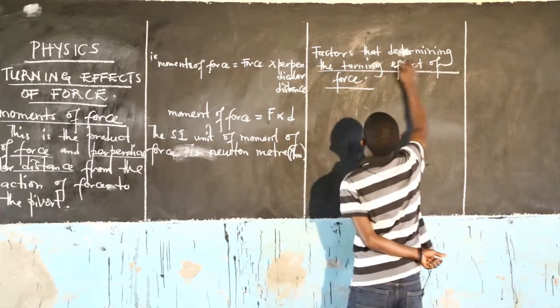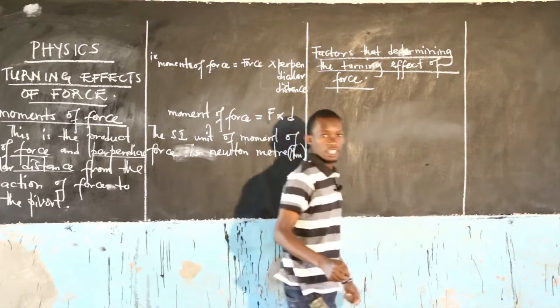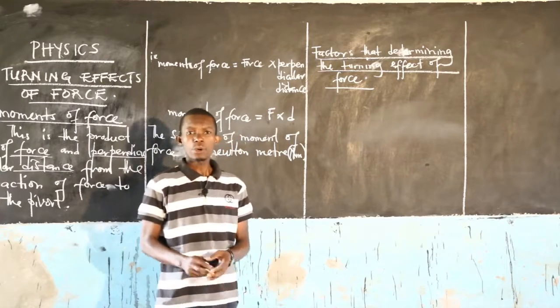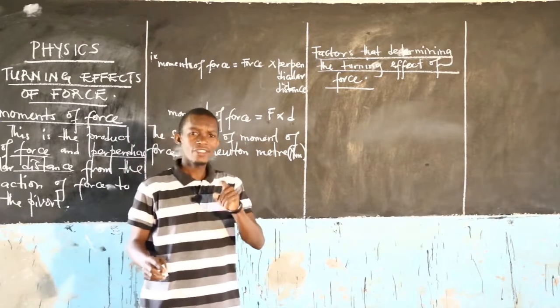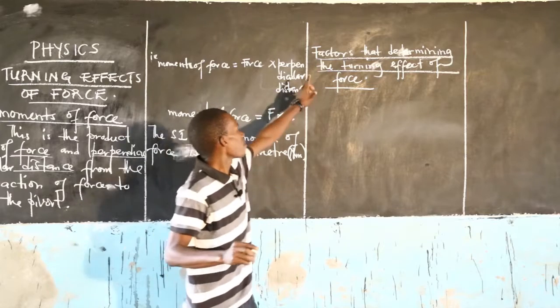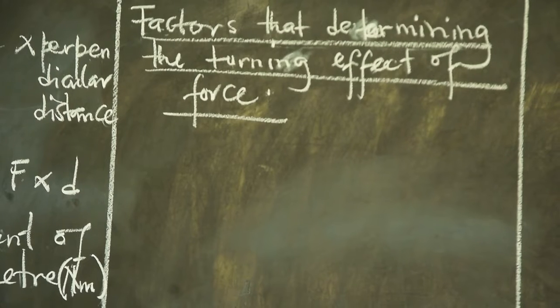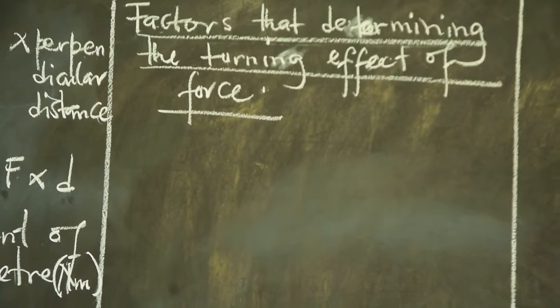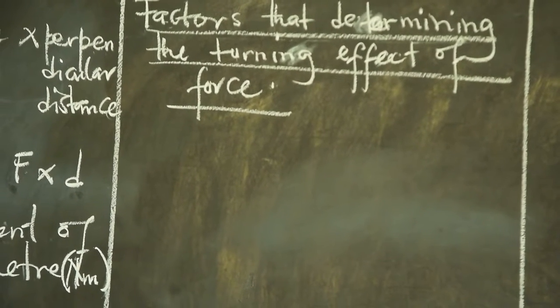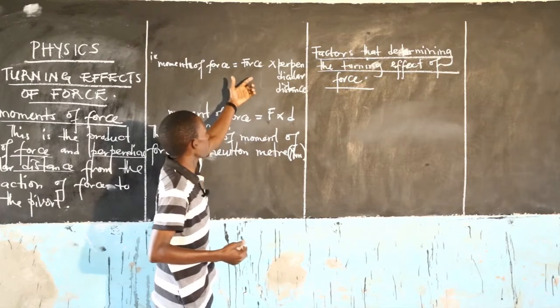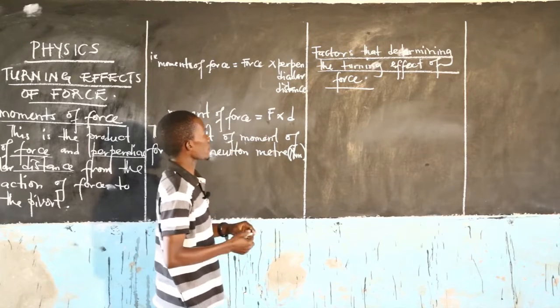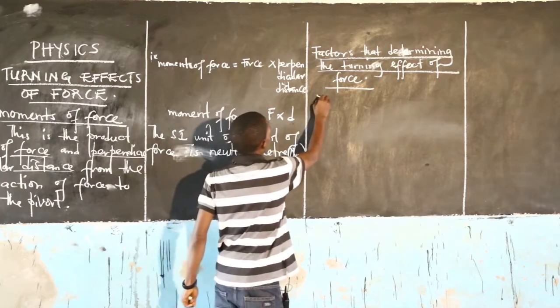Now, my dear students, you should get to know that when you are talking about the factors that determine or affect the turning effect of force, you look at the formula. What is there on the formula? We have the force and perpendicular distance. We are going to talk about the two there.